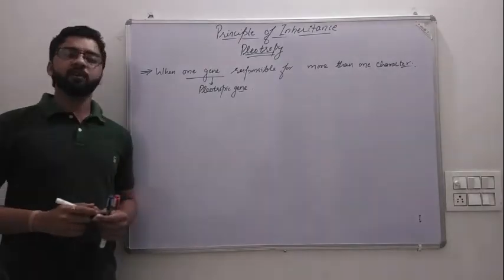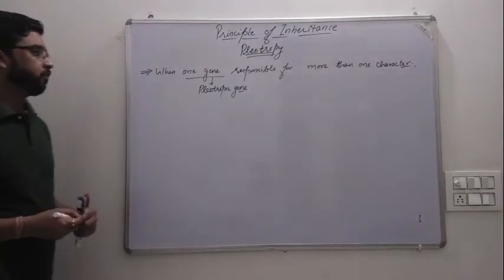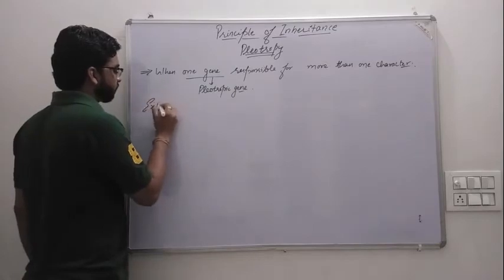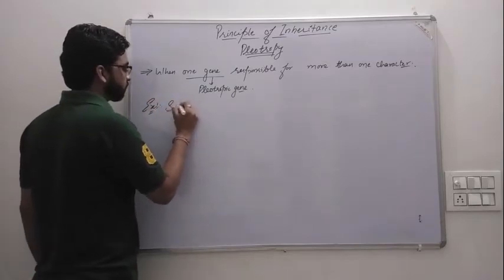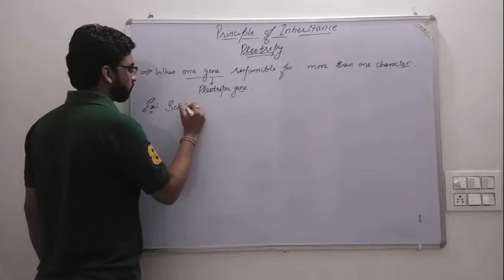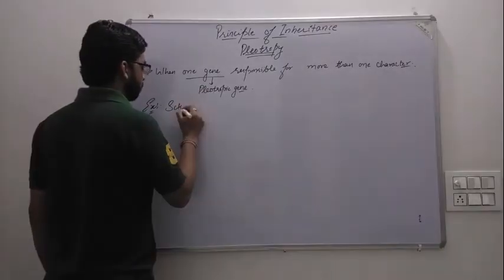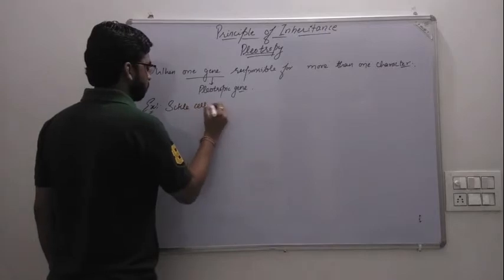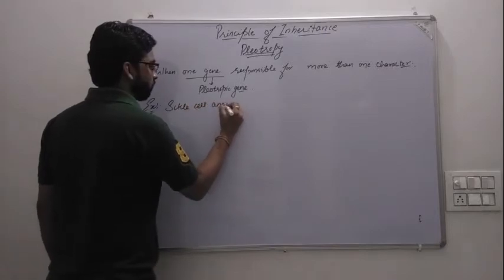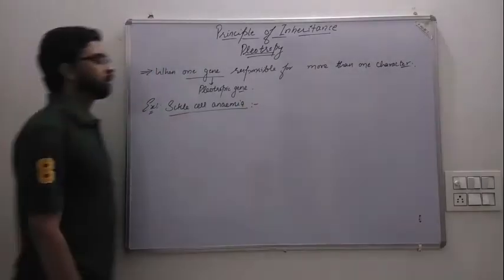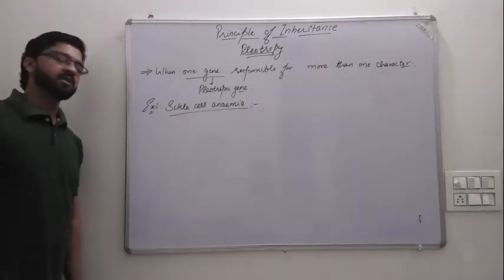To understand pleiotropy in detail, we take a couple of examples here. First, sickle cell anemia. What's going on in sickle cell anemia here?